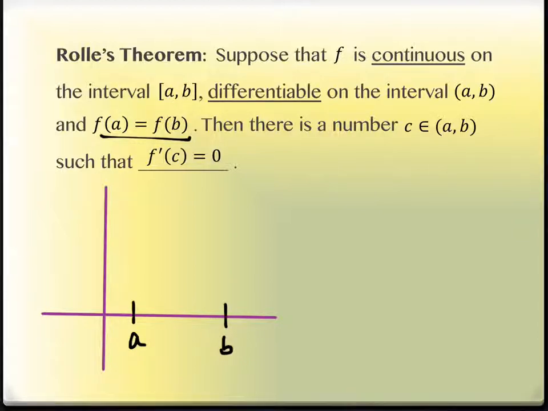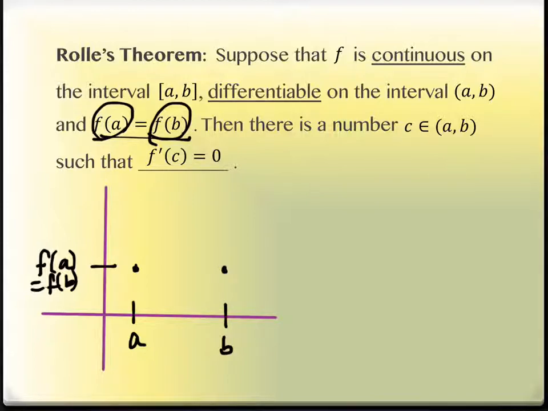And I have to start and end at the same y value. Remember, f of A and f of B are the y values at those points. So here is f of A or f of B, whichever one you want to call it. It's the same location, that y value height. So what that's telling me is that right here I have a point, and right here I have a point.